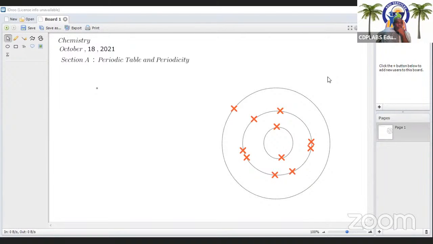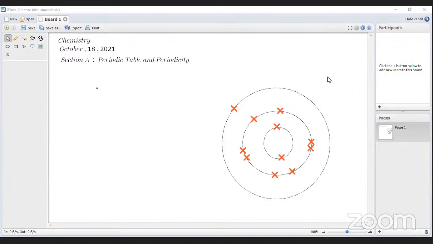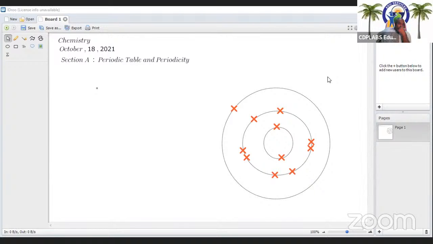Which period does this element belong to? Period 3. Period 3. Very good. What is the group number?